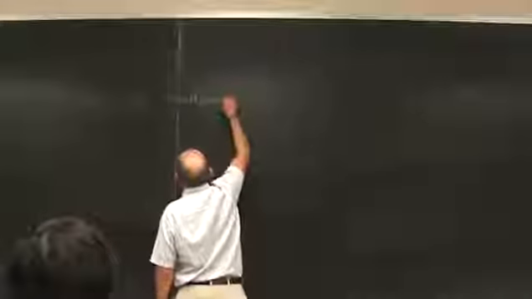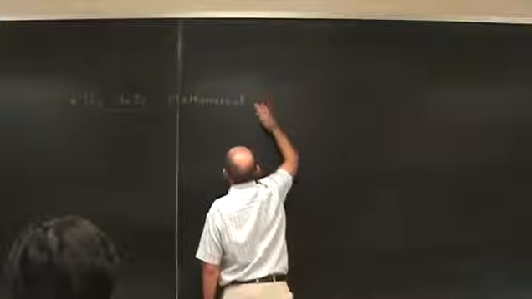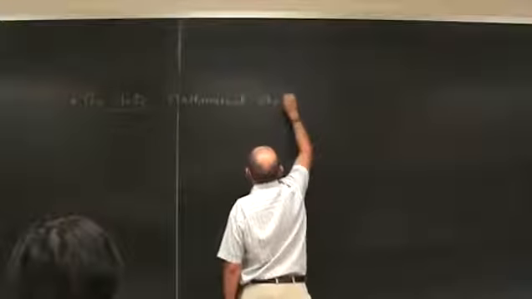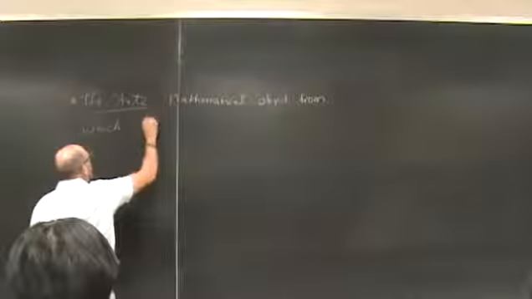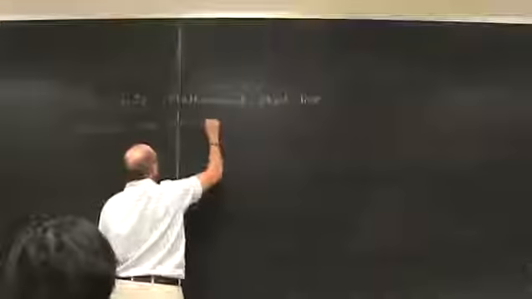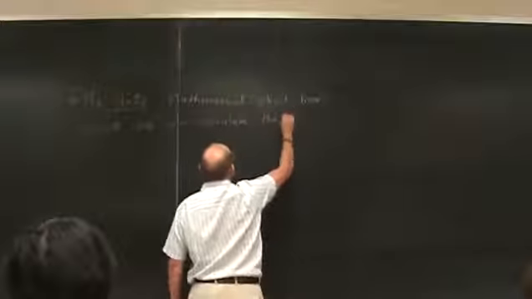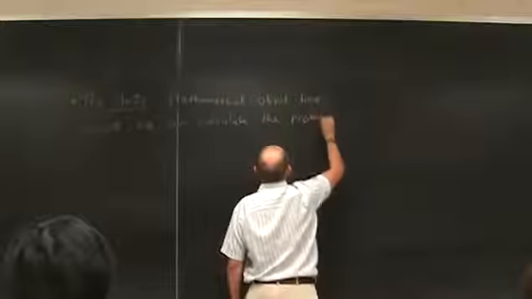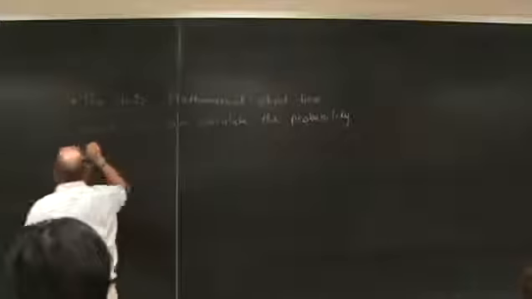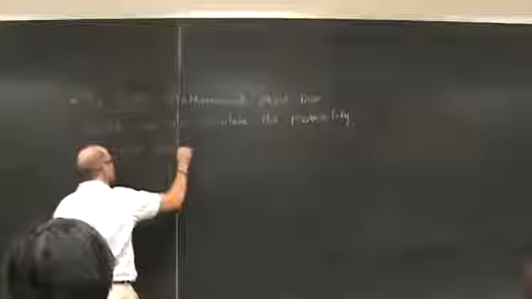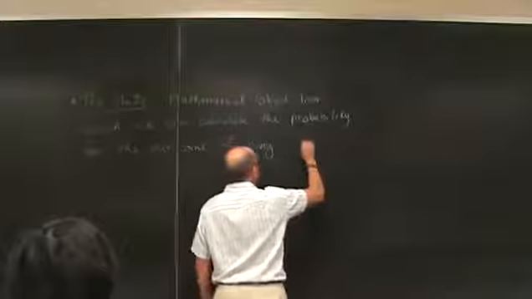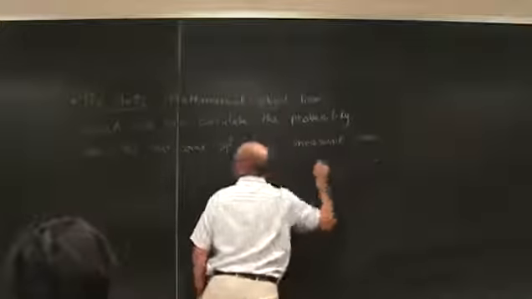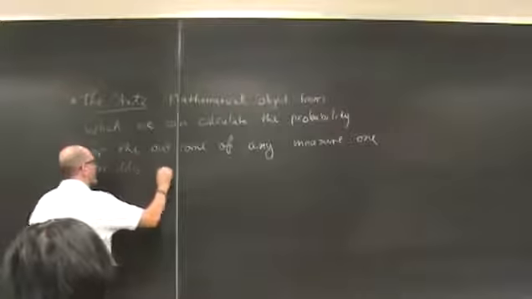The state is a mathematical tool or mathematical object from which we can calculate the probability for the outcome of any measurement one can do on a system.